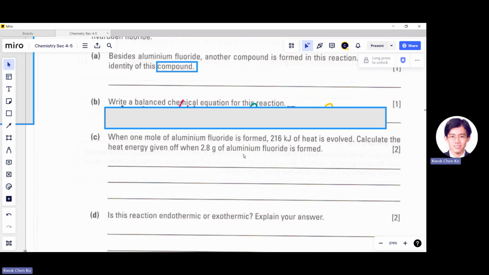Seriously, they can use evolve, like a gas evolve. You better know a gas is given off. Heat energy, you get a minus, so it's okay. Okay, see, that's all?